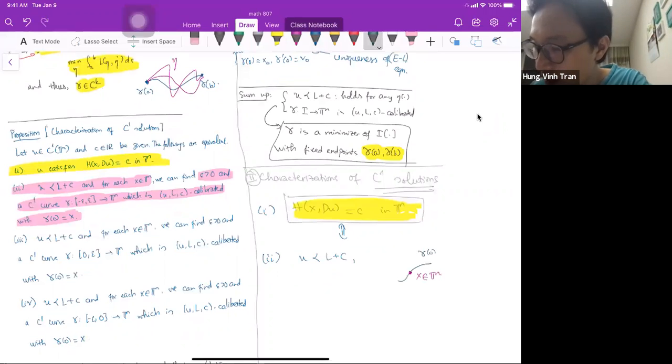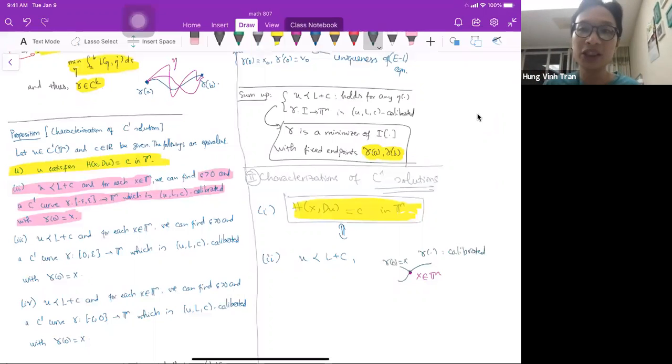This is the geometric meaning of that. So gamma is a calibrated curve passing through it. I'm lazy, so I'm not going to write ULC, but I'm just saying it's calibrated. So I have gamma of 0 equals X. Okay, so it's very geometric, right?